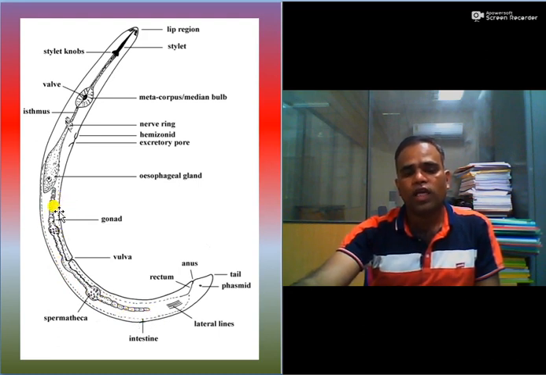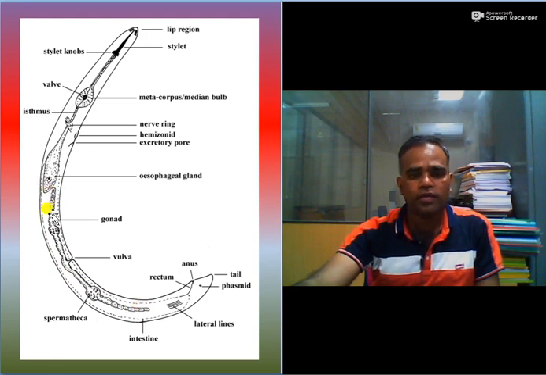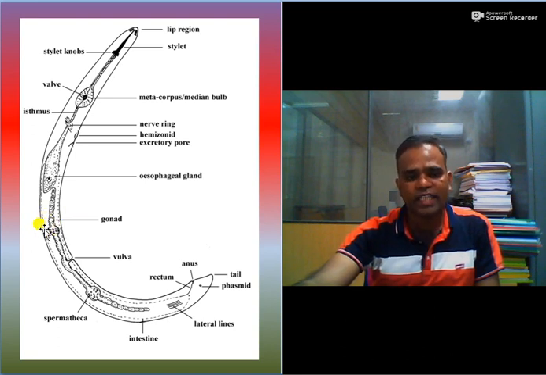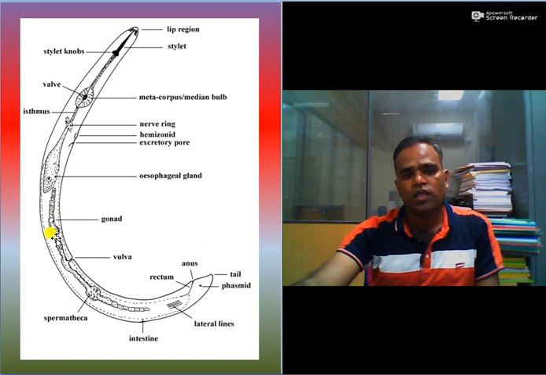In the reproductive system of the nematode, there is an ovary which produces the ovum, or we may say an egg, which passes through a duct. After the duct, there is a reservoir or sac like structure called the spermatheca.